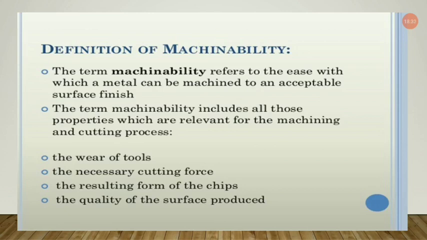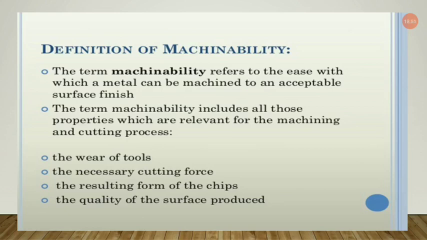But pearlite also improves machinability, giving good surface finish with no built up edge formation. But here is a problem: it also decreases the tool life.